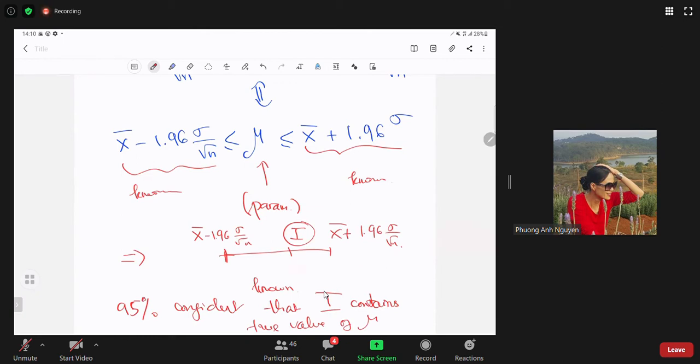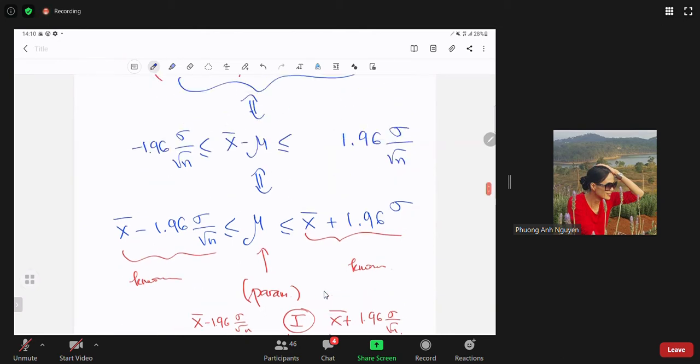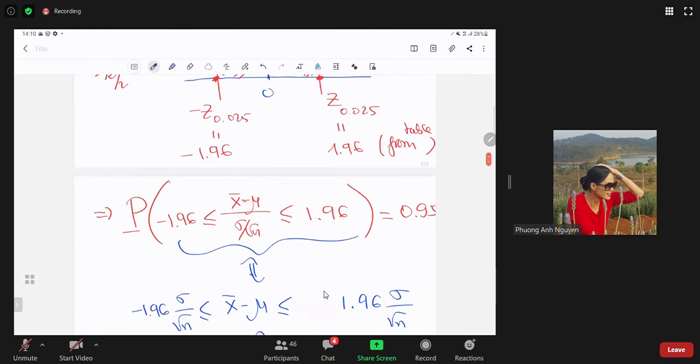So we cannot say the probability for mu to belong to something. We say that we are 95% confident that this interval contains the true value of the parameter mu.